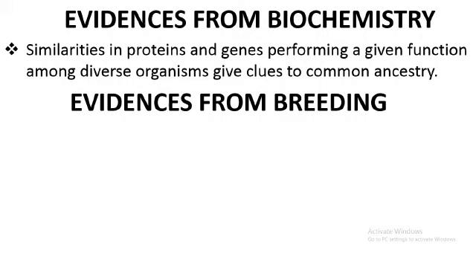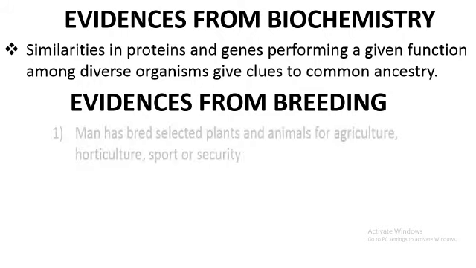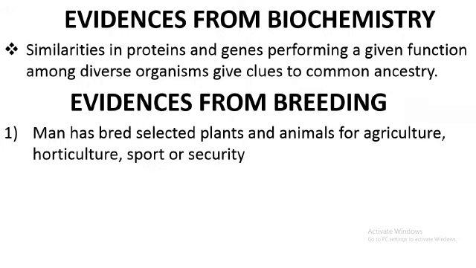Now let us come to the next evidence, from breeding. What does this speak about? That man has bred selected plants and animals for agriculture, horticulture, sports or security. You take dogs, cattle, plants. For example, mangoes: there are varieties of mangoes with literally different fruit characters. Likewise, there are different breeds of dogs.